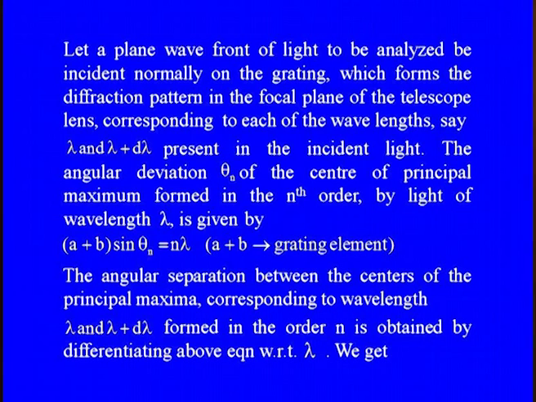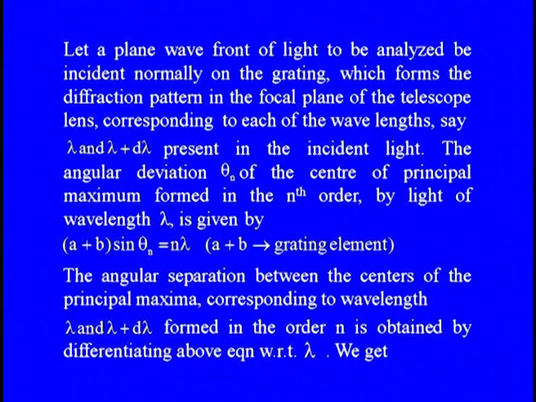The angular deviation theta n of the center of principal maximum formed in the nth order by light of wavelength lambda is given by (a plus b) sin theta n is equal to n lambda, where a plus b is the grating element.